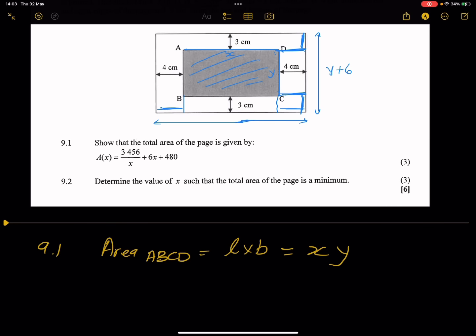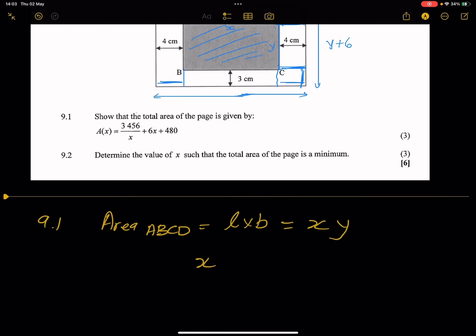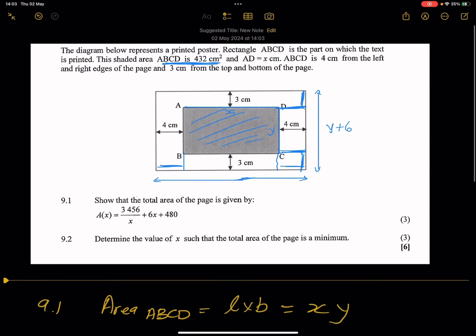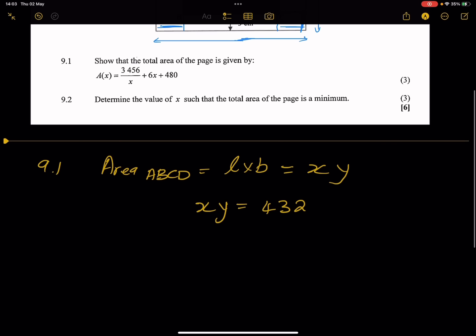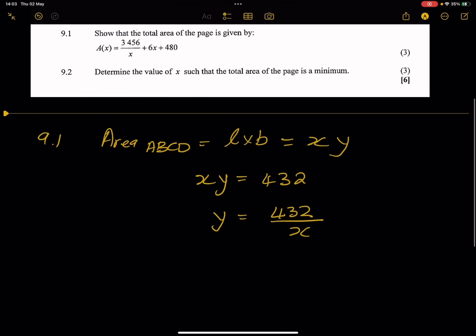But notice in this case, it means x multiplied by y should be equal to 432 centimeters cubed, right? So I can actually make y the subject of the formula and say, well, y is actually 432 over x. Right, so this would be my first equation.